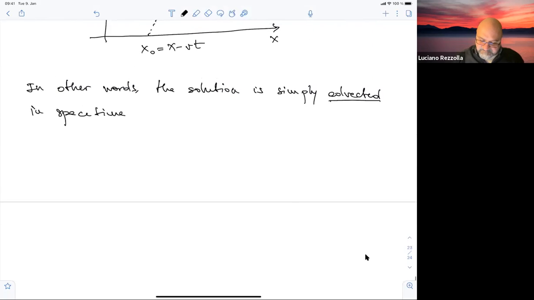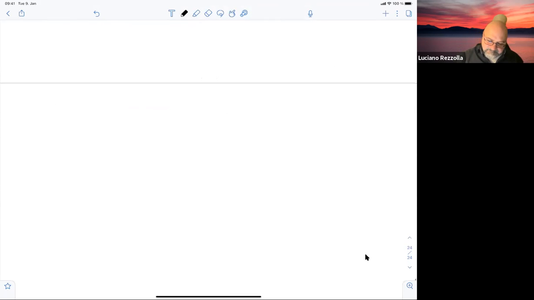Along what directions? Along the characteristic directions.